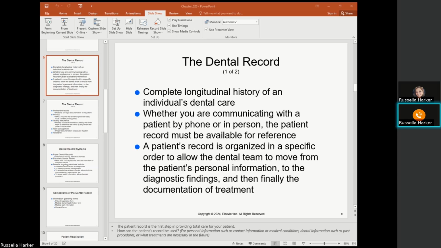So with that, there are two areas of PHI related to the patient dental record: the personal information, which include identifiers like name, date of birth, gender, ethnicity, emergency contact information, address, phone numbers, email, health insurance, and financial accounts. And health information like diagnosis, treatment, laboratory results, and prescription information.